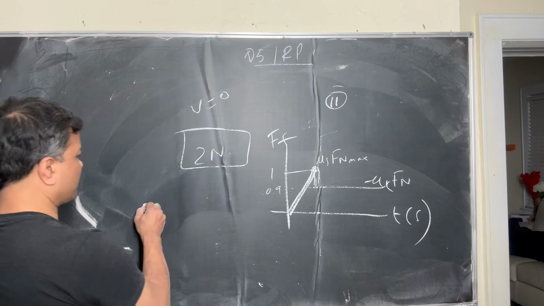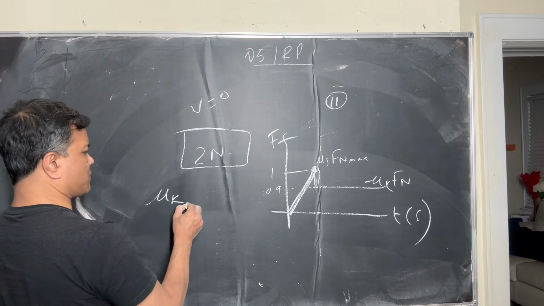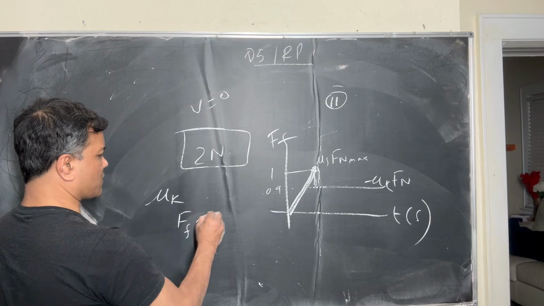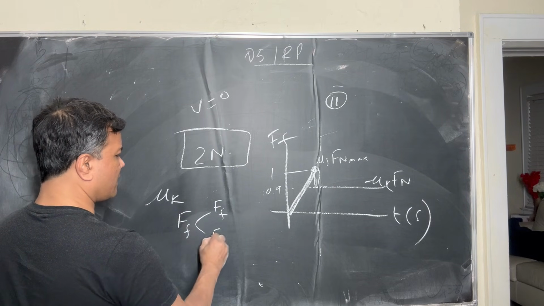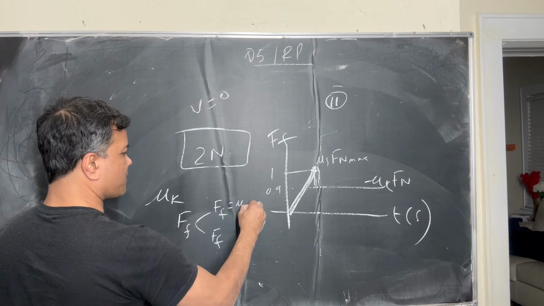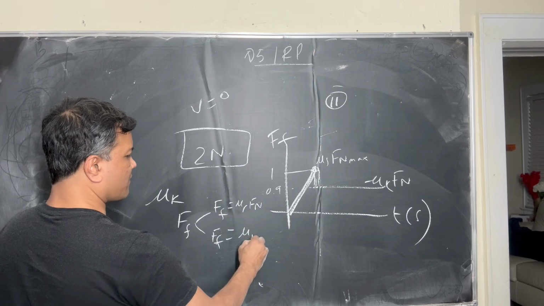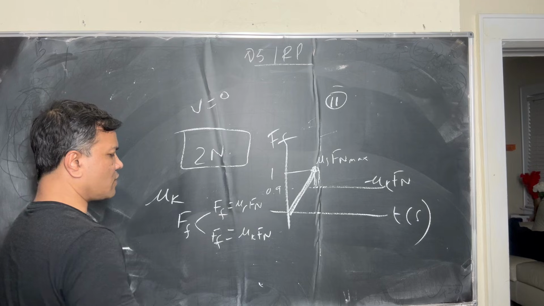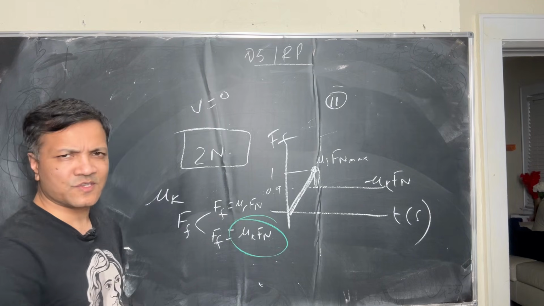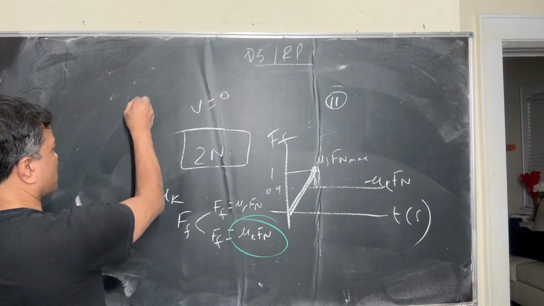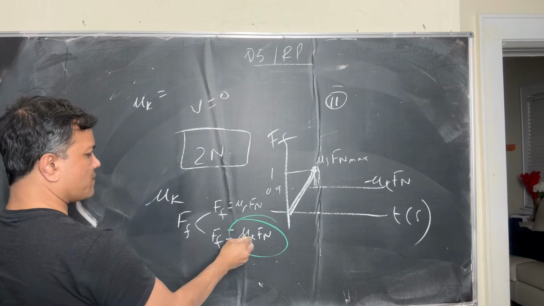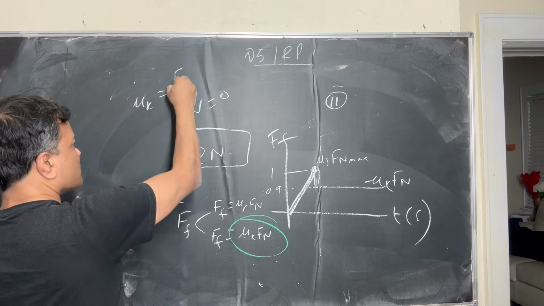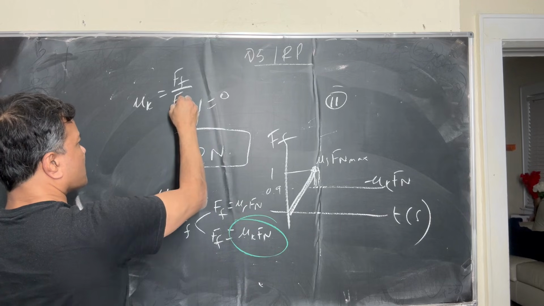Find the mu k. To find the mu k, of course, you're going to do what? Ff is equal to mu s Fn or mu k Fn, right? The box is moving, means you have to use this one. When you use this one, what do you get? Mu k is equal to Ff over Fn.